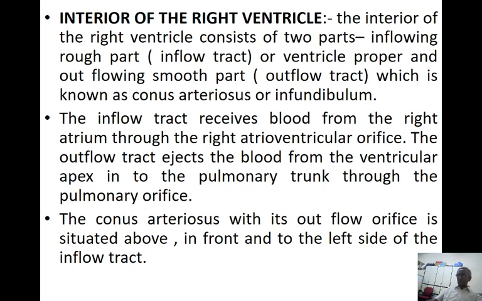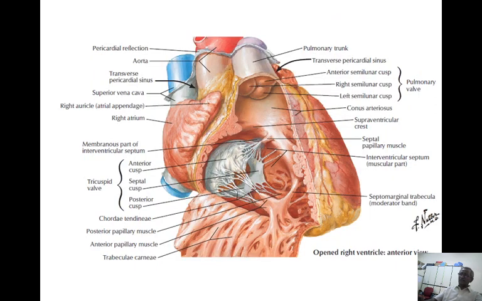The conus arteriosus, with its outflow orifice, is situated above, in front, and to the left side of the inflow tract. Here we are showing the outflow tract above, in front, and to the left of the inflow tract. This is the outflow tract, where we have the pulmonary trunk and the pulmonary valve with two leaves anteriorly and one leaf posteriorly.